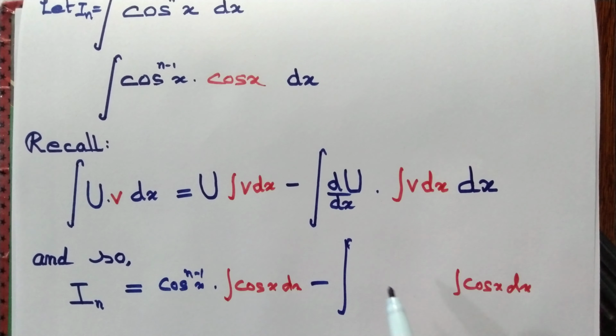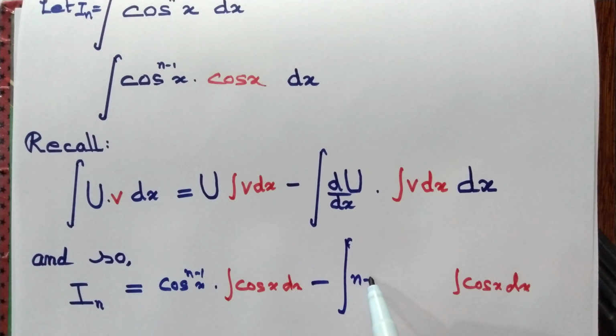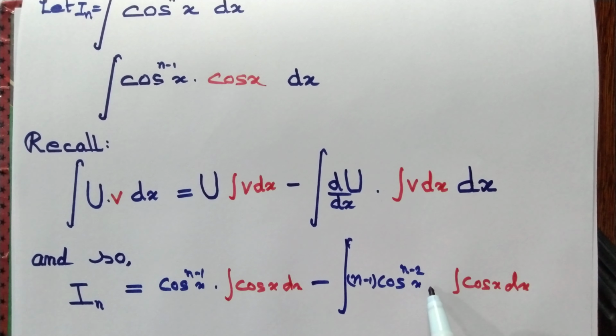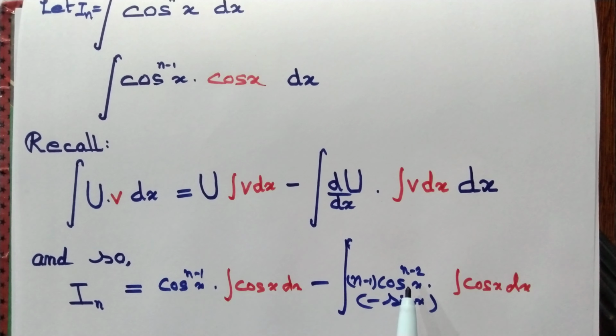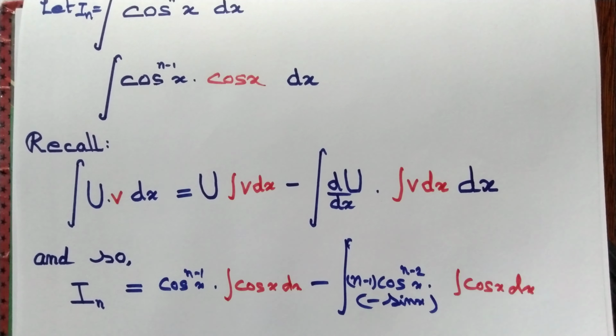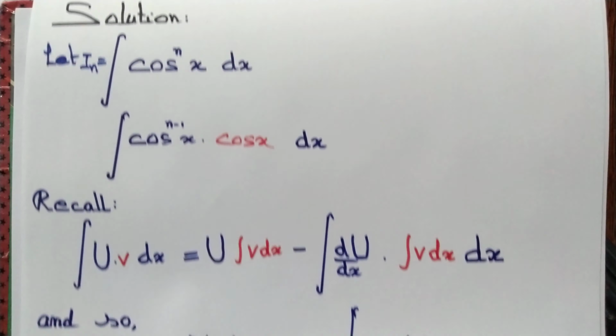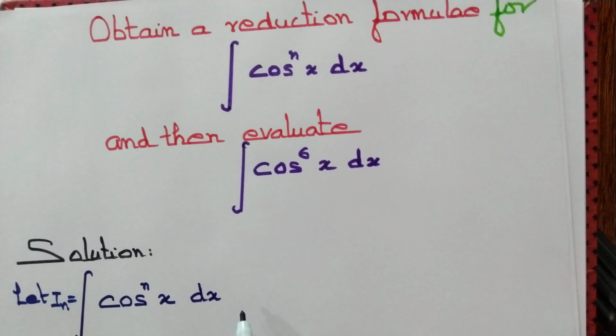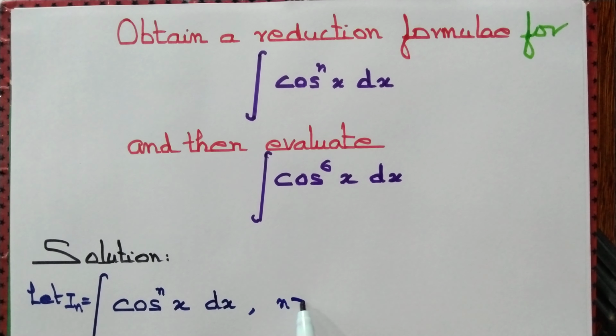The derivative of cos to the power n minus 1 is n minus 1 times cos to the power n minus 2 x times the derivative of cos x. The derivative of cos x is minus sin x. But you see that this makes sense only when n is greater than or equal to 2. So we assume n to be greater than or equal to 2. Of course, n is a positive integer.